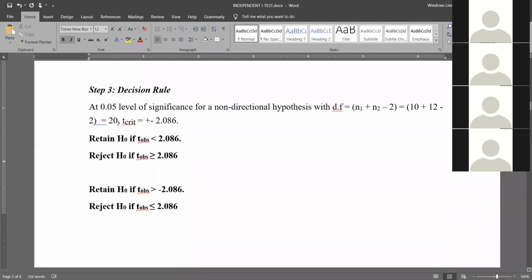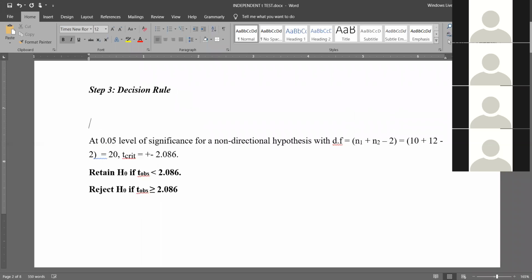So the next one is decision rule under step 3. Under decision rule, for you to do anything, there are 3 key things you need to know. The first one is to find out whether your hypothesis is directional or non-directional.